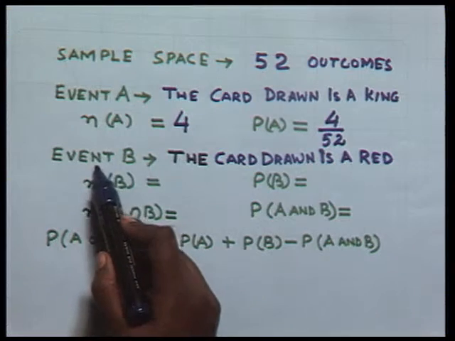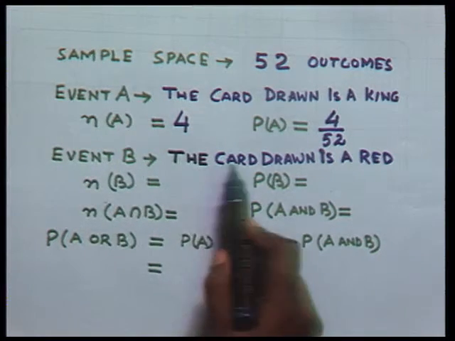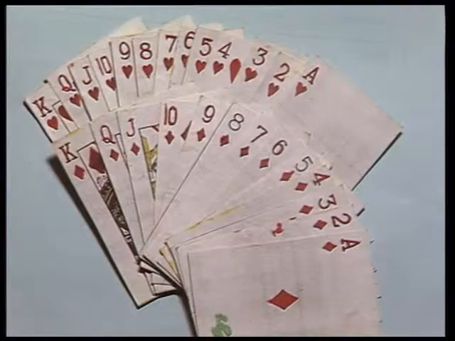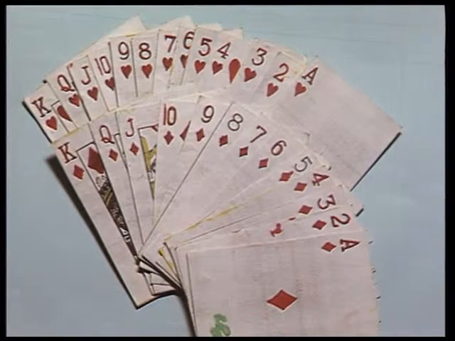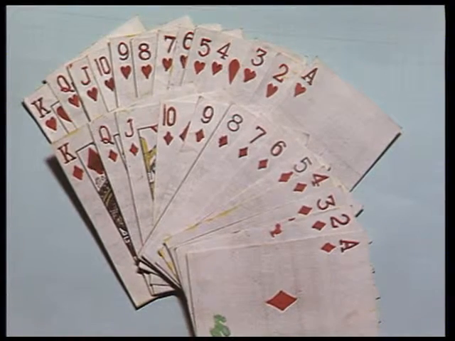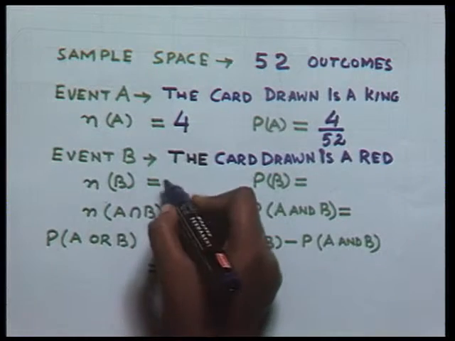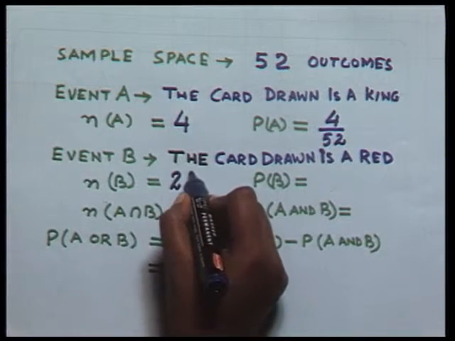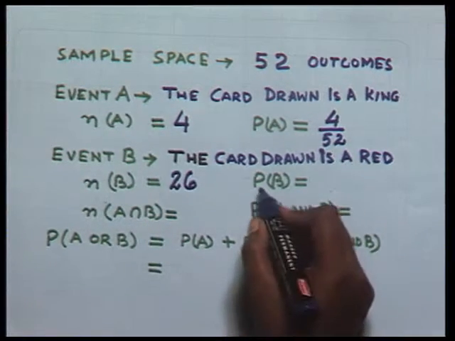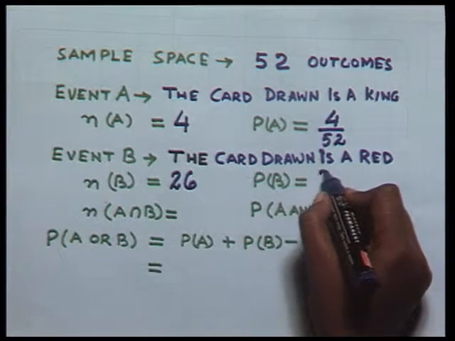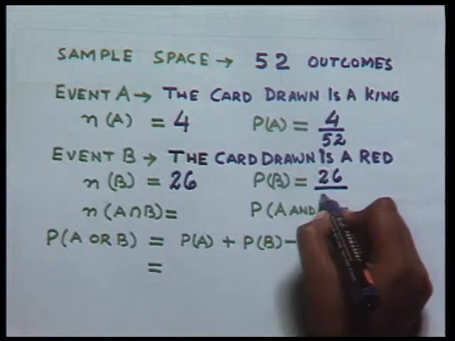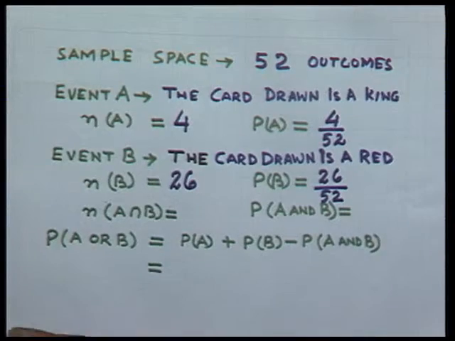Now, again let us define event B as the card drawn is a red card. Since there are 26 red cards, the number of elements in the set B will be equal to 26 and probability of B will be 26 upon 52.